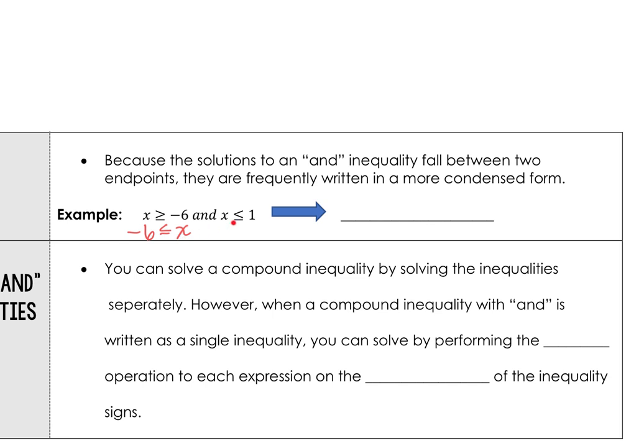So what I'm going to do instead of writing this x twice is I'm only going to write it once so that the condensed form would be -6 is less than or equal to x. But again, I'm not going to rewrite this x because I already have it there. Now I'm just going to include which is less than or equal to 1.